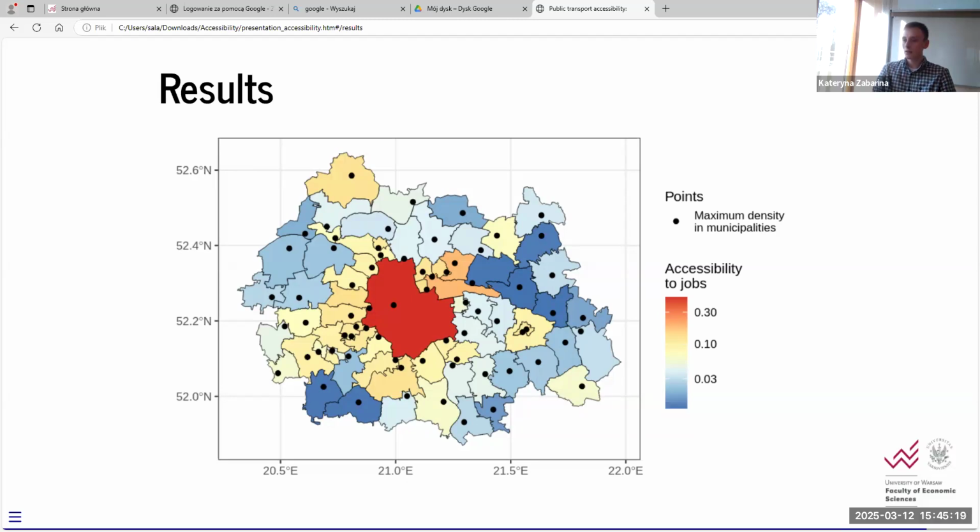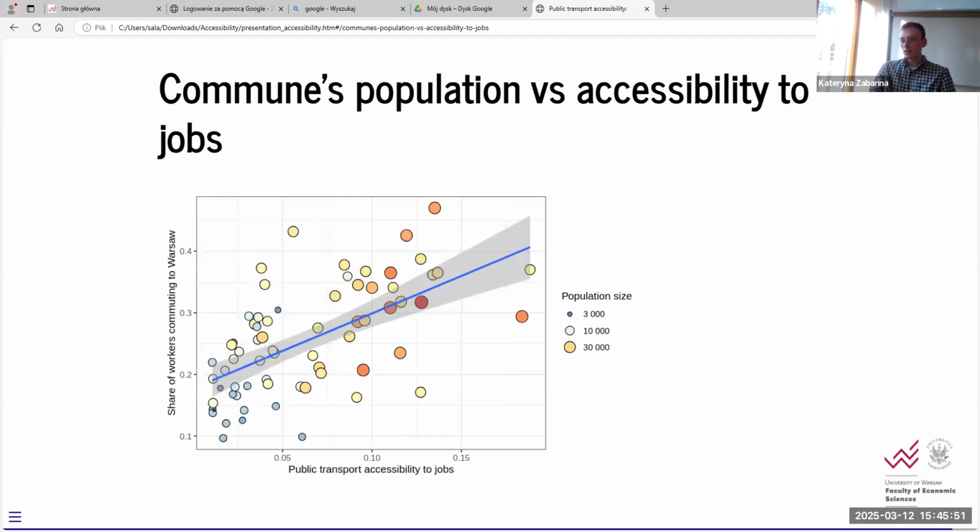And what I want to highlight here is that the starting points for each community are not just centroids, but are weighted by population. I suspected that it would be more reasonable to calculate distance from the points where most people live.